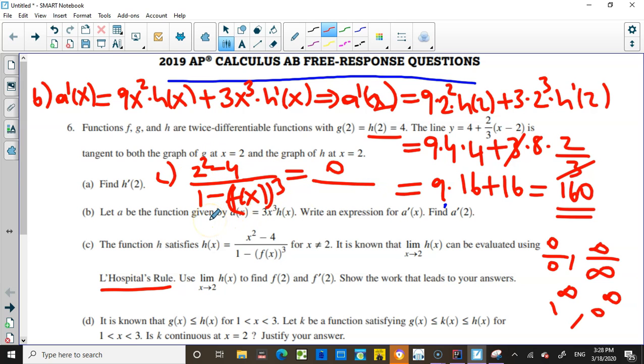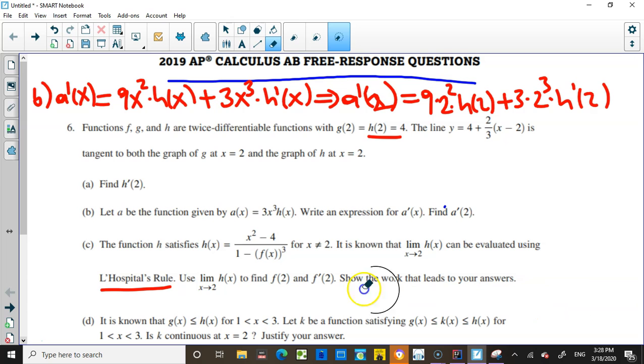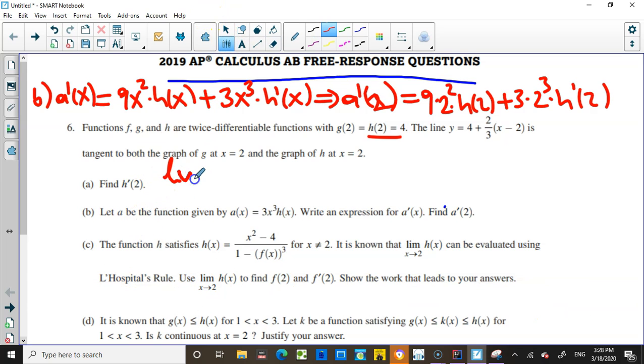In order for us to apply L'Hopital's rule, this bottom part also has to be equal to 0. So I'm going to erase that and rewrite it. This limit as x approaches 2 of 1 minus f of x to the power of 3 has to be equal to 0.